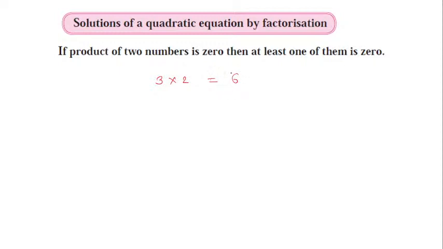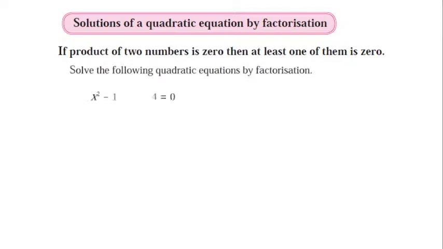We will not get any product 0 if both the numbers are non-zero. So if the product of any two numbers has to be 0, any one of them must be 0. So either 3 into 0 is equal to 0, or 0 into 2 should be equal to 0. So this is the basic principle we are going to use for this factorization, that is, if the product of two numbers is 0, any one of them must be 0.